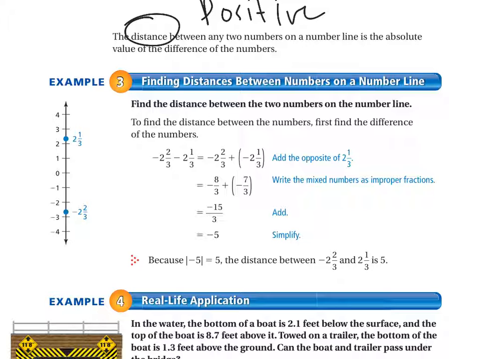Okay, so you're going to look here and you have the problem of a -2 and 2/3 and a -2 and positive 2 and 1/3. You want to make it so that you can find your distance between the two.